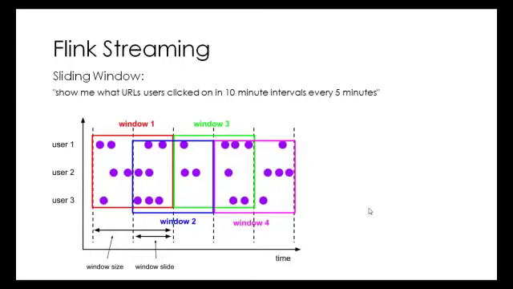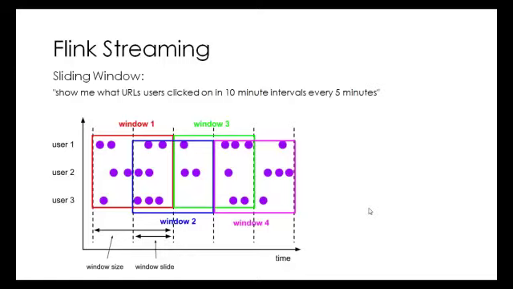This is more useful for identifying trends. As time progresses you see more and more users clicking on things, or not clicking on things. You might see a change in behavior. Think of it as a tumbling window that you can slide along.